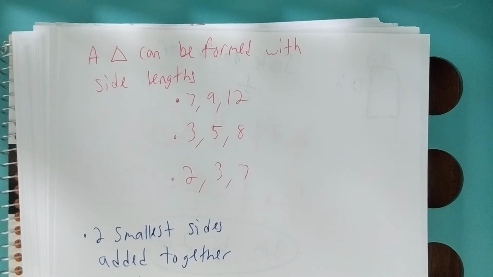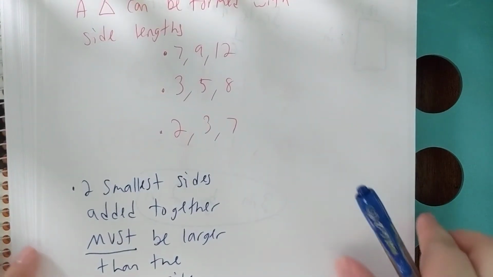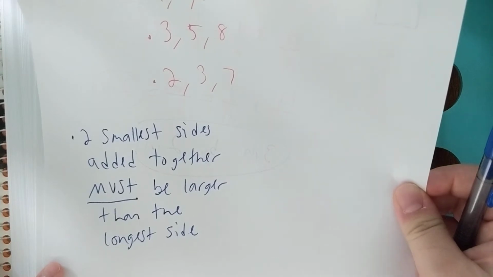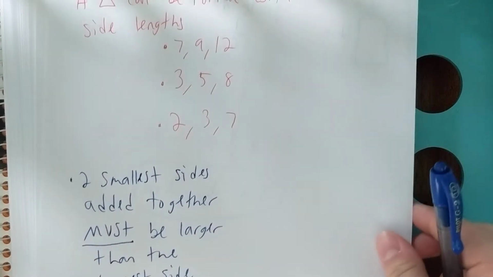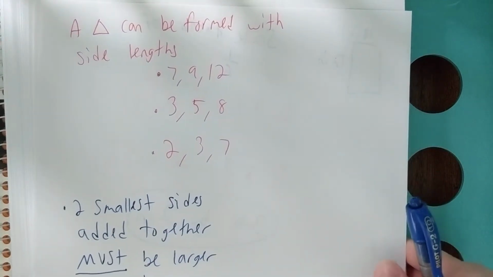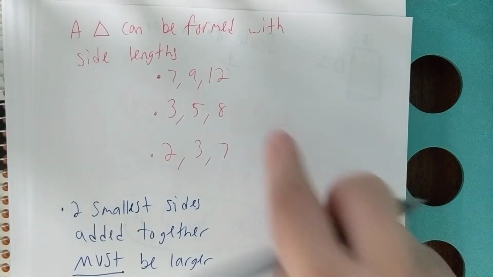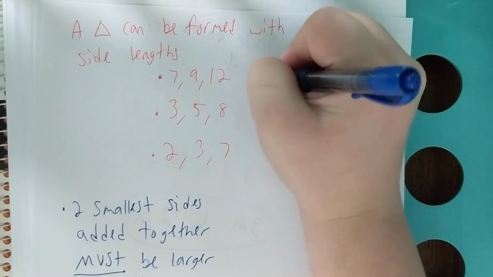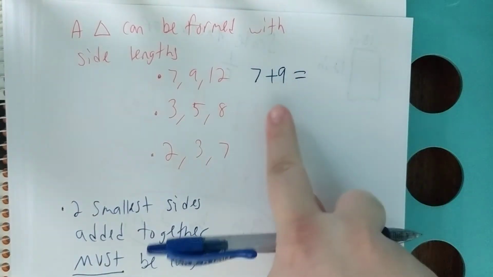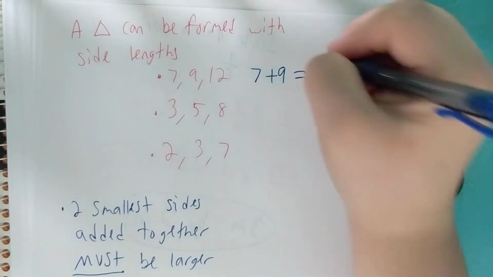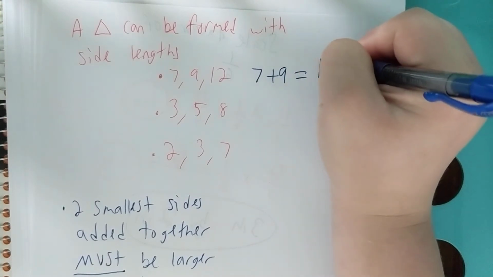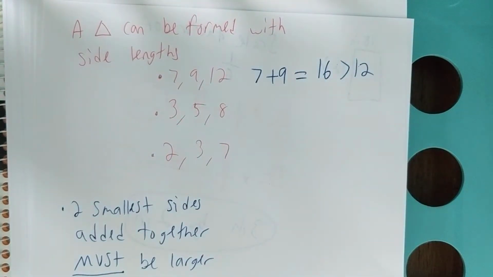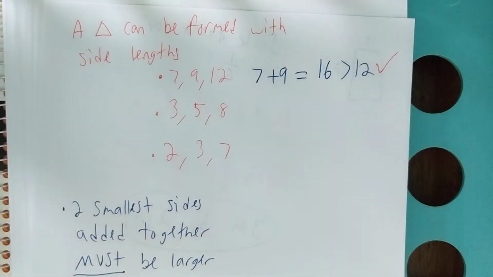Okay, so again, the 2 smallest sides added together must be larger than the longest side. So let's look back at these. My 2 smallest sides here are 7 and 9. 7 plus 9 is 16, which is greater than 12. So it works out.